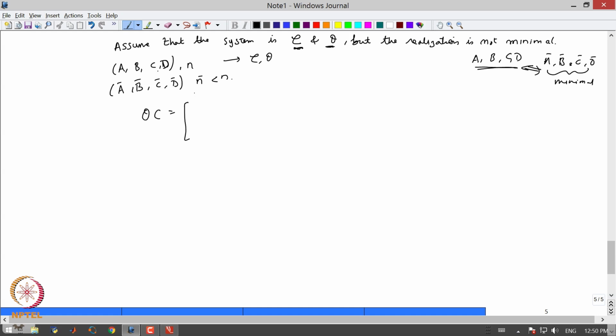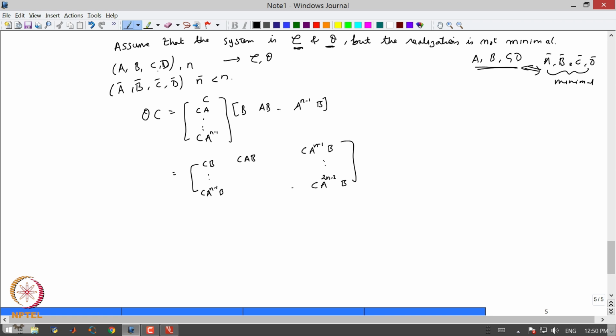The observability matrix, C, CA, till CA^(n-1), times the controllability matrix, B, AB, till A^(n-1)B, gives CB, CAB, till CA^(n-1)B, and so on.